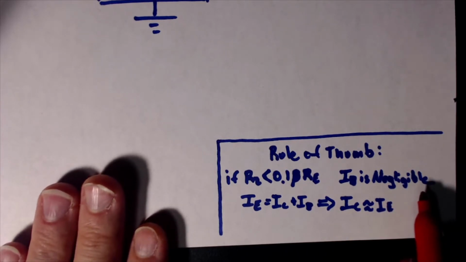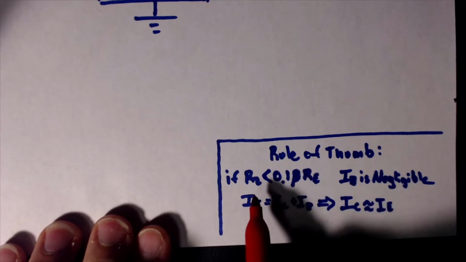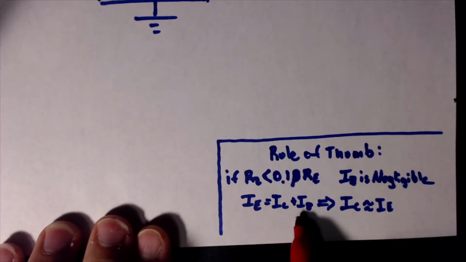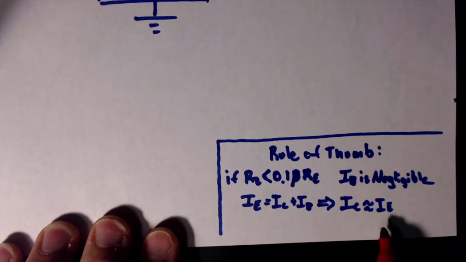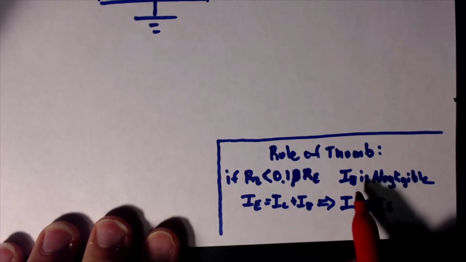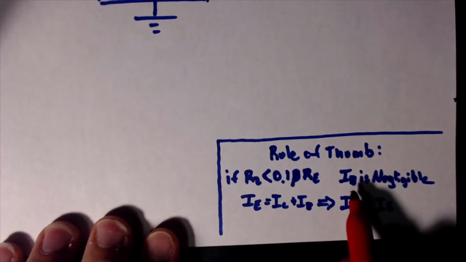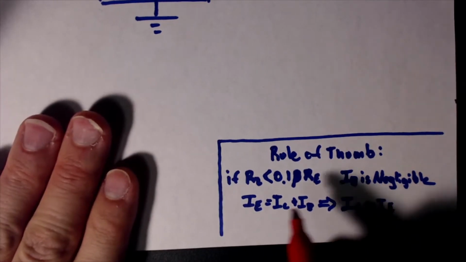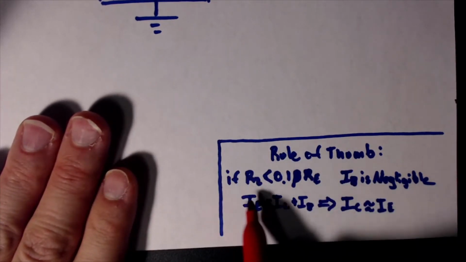Then, instead of IE being equal to IC plus IB, which is still very much true, we can approximate that IC is about equal to IE, meaning IB's contribution is very small. It's negligible.